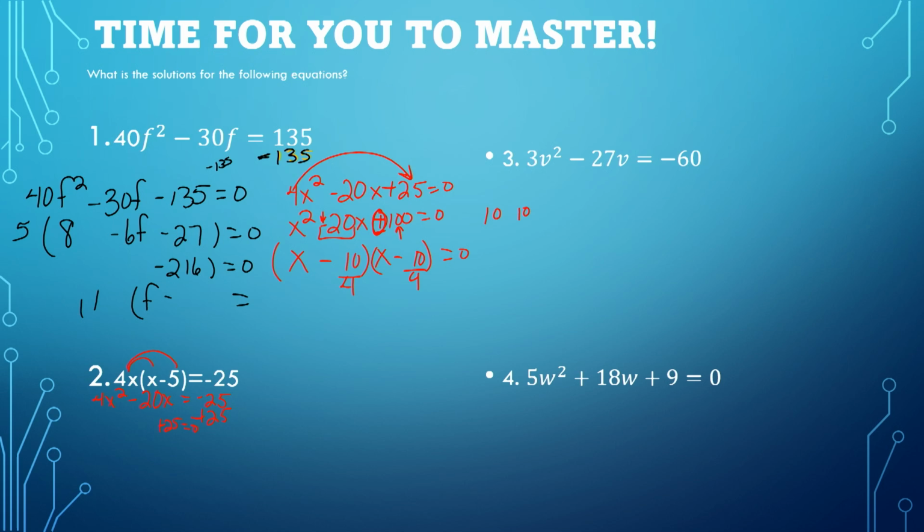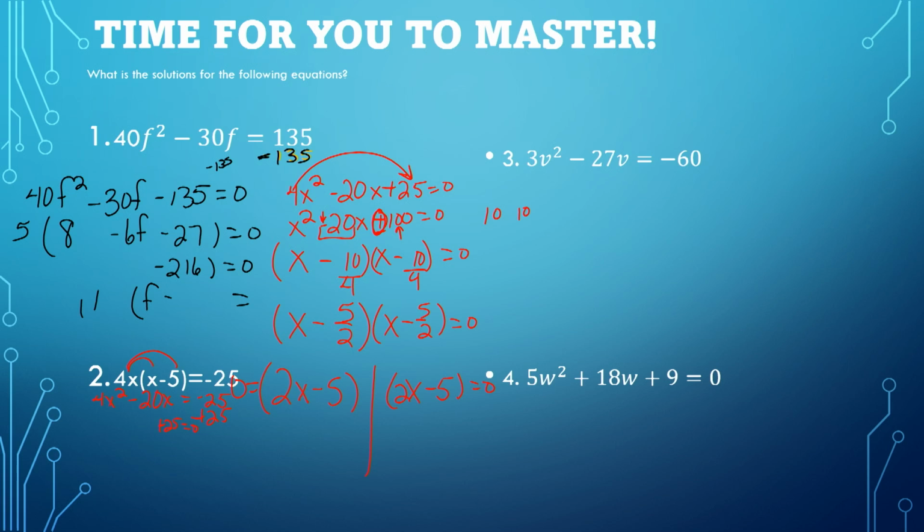Always reducing my fractions. So I've got x minus 5 over 2, x minus 5 over 2. This is where our name comes from. The bottom comes up. So I have 2x minus 5 and 2x minus 5 equaling both of these to 0.